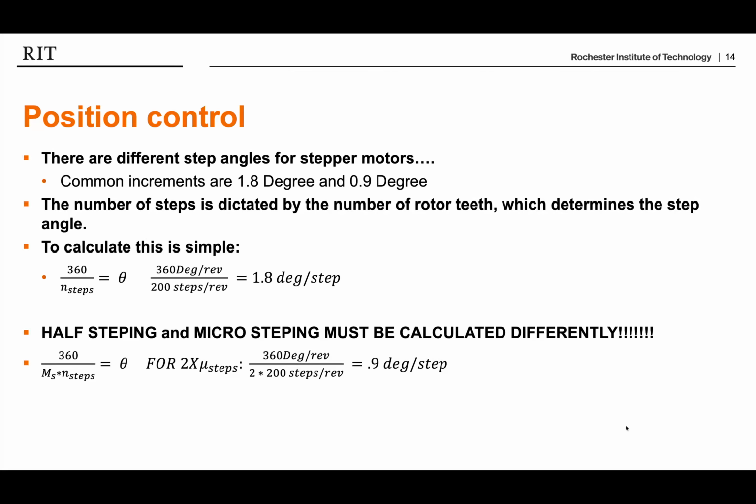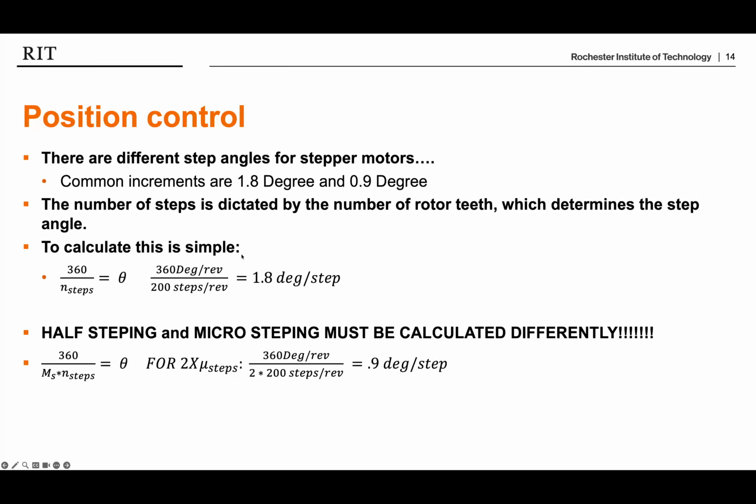So we can do the math, and this is exactly the math we would find if we were looking at a rotary encoder, except instead of the number of pulses, we have the number of steps. I have 360 degrees in a revolution. If I have 1.8 degrees per step, I have a motor that has 200 steps per revolution. That's a nice little thing to know, because this is the default accuracy that I could achieve with a motor.